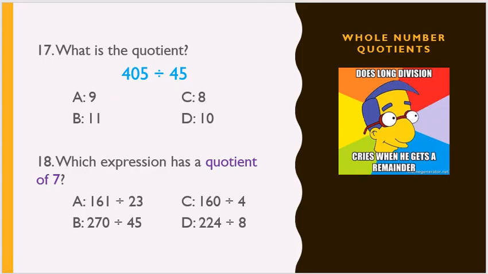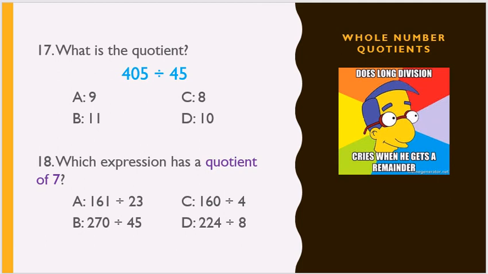Now, number 17 and number 18. What is the quotient of 405 divided by 45? Is it A9, B11, C8, or D10? Number 18. Which expression has a quotient of 7? A, 161 divided by 23.